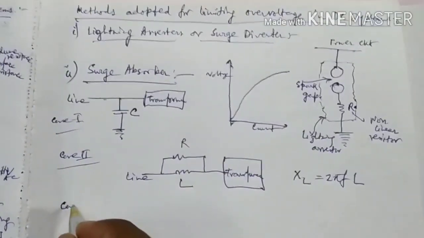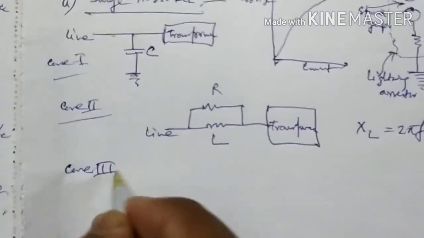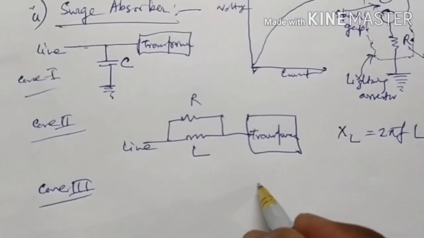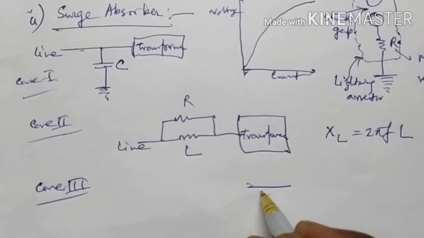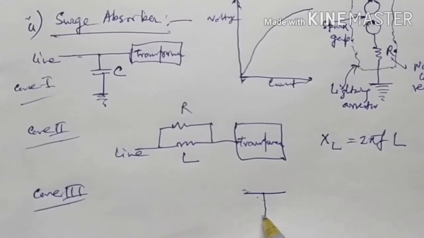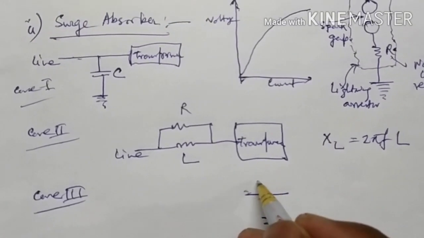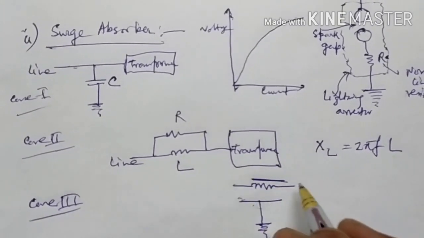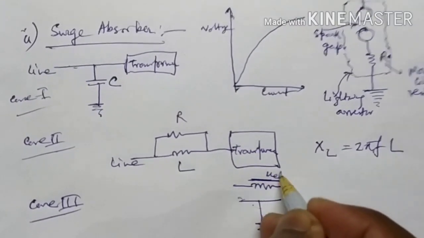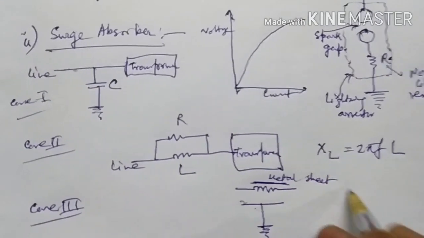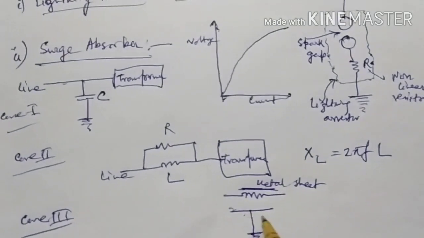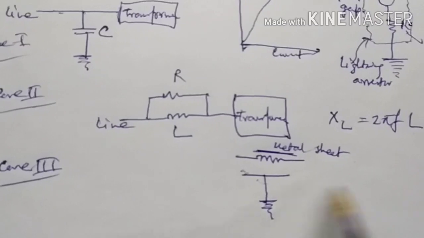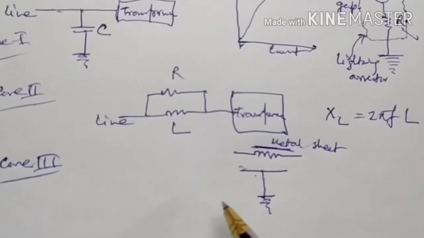And the next case is case 3. An air core inductor is connected in series with the line, surrounded by a metal sheet, as shown in the figure.